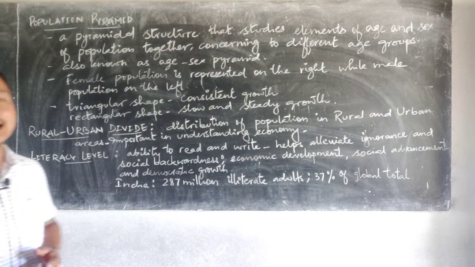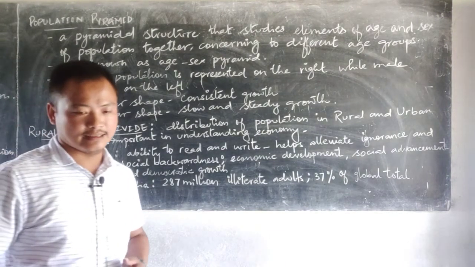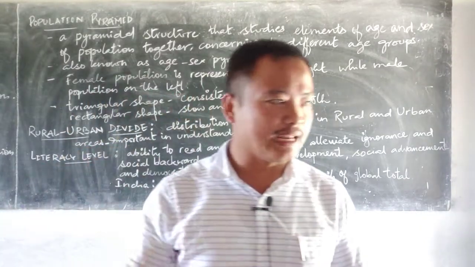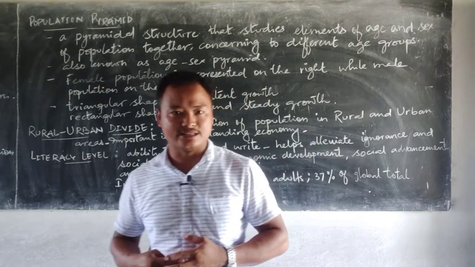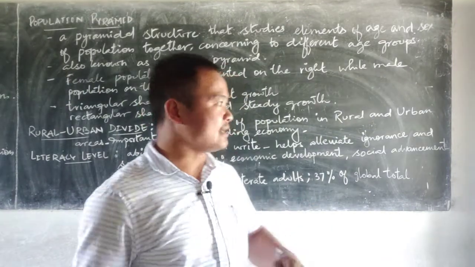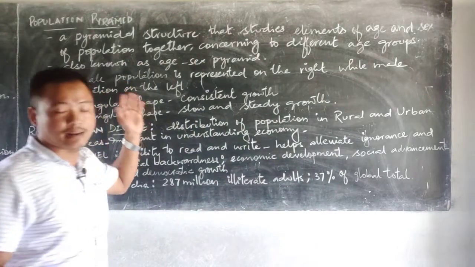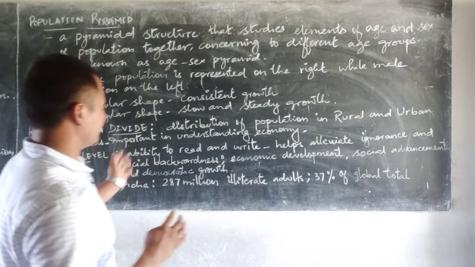It studies the elements of age and sex of the population together across different age groups. Like I said, the three age categories, children, adults, and old aged group, can be placed under the pyramidal structure based on age and sex, that is, male and female ratios.